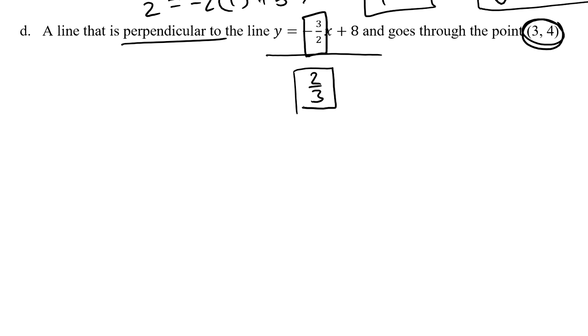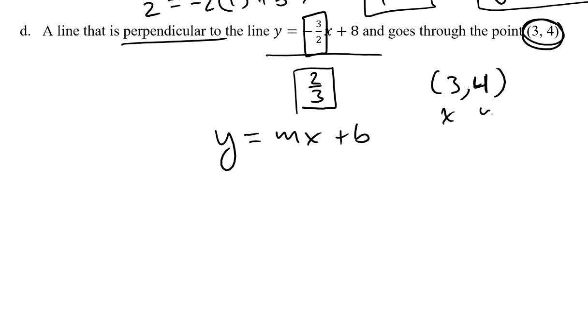So I'm trying to find basically a line that goes through the point (3, 4) and has a slope of positive 2/3. That's pretty easy, right? y equals mx plus b. Again, I've got an x value, I've got a y value, and I've got a slope.